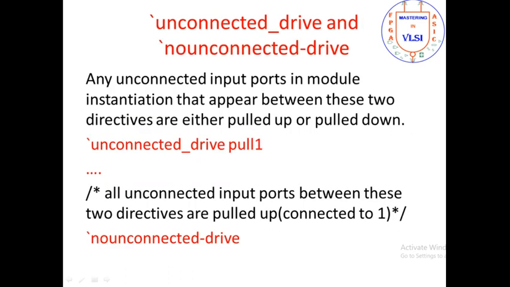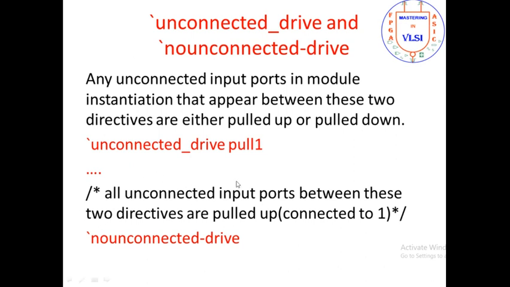Another set of directives: there is one directive called `unconnected_drive and `nounconnected_drive. Any unconnected input ports in module instantiations that appear between these two directives are either pulled up or pulled down. How do we mention pull down or pull up?